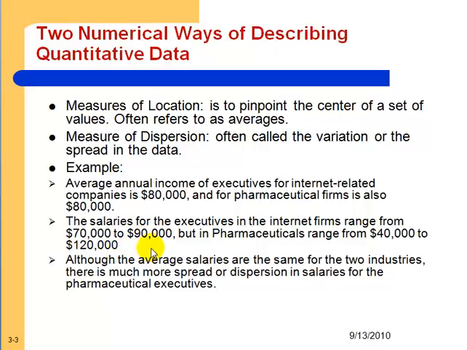Even though the average salaries are the same for the two companies, there is much more spread or dispersion in salaries for the pharmaceutical executives, because it ranges from 40,000 to 120,000, whereas the first company is from 70,000 to 90,000. That's a difference.